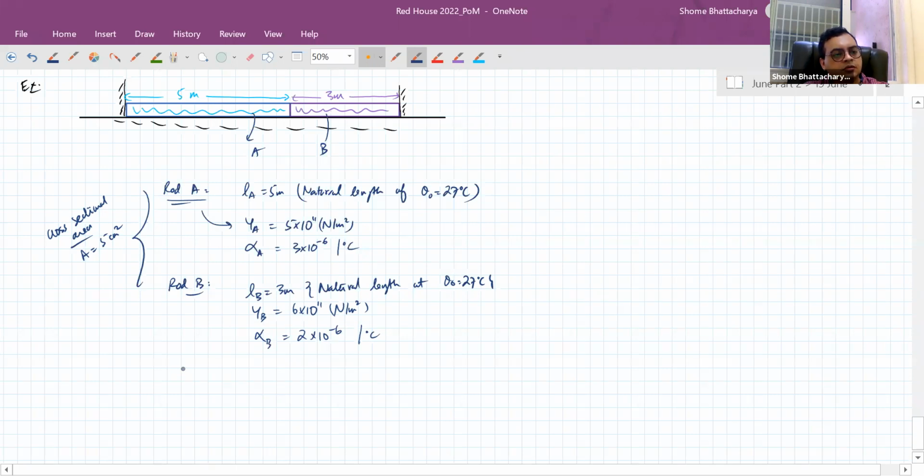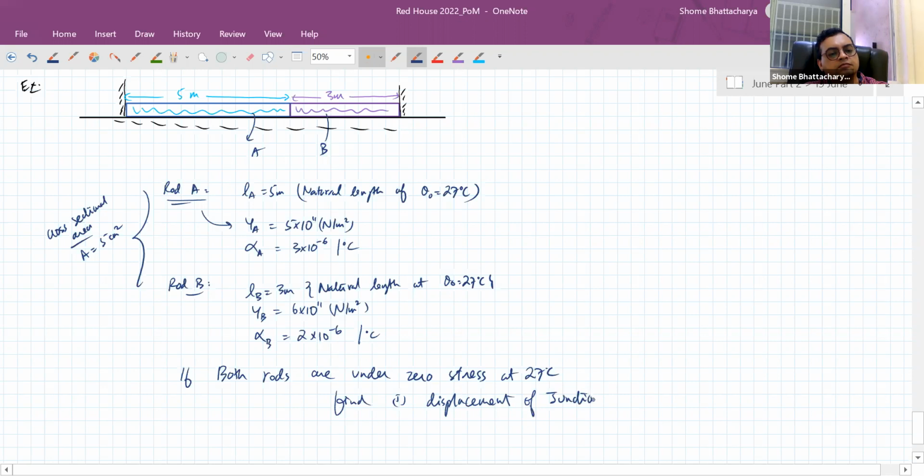So if both rods are under zero stress at 27 degrees C, find the displacement of the junction and tension in each rod at a temperature of 87 degrees.